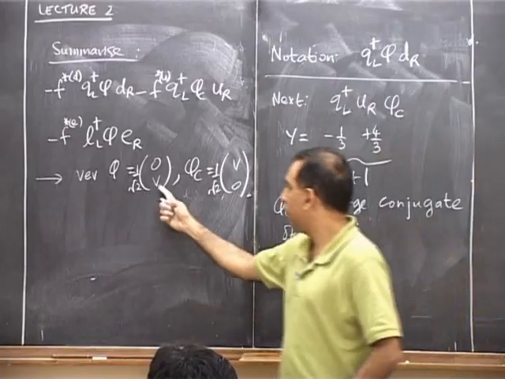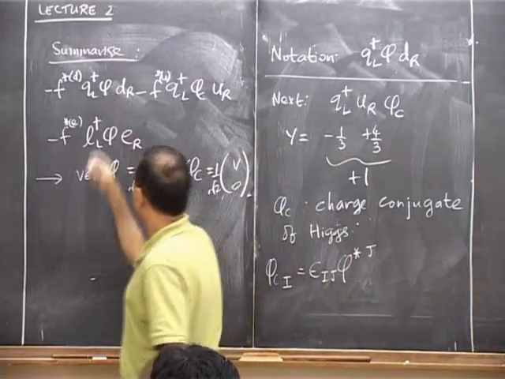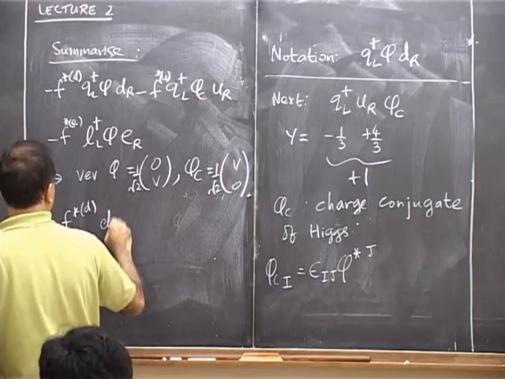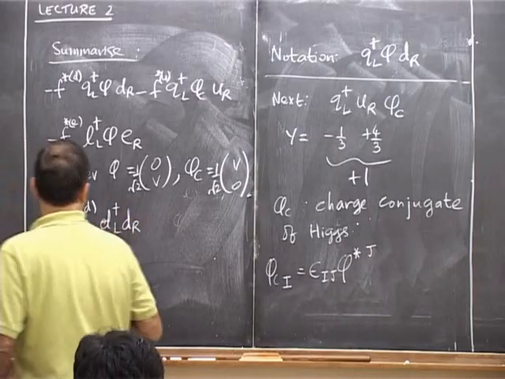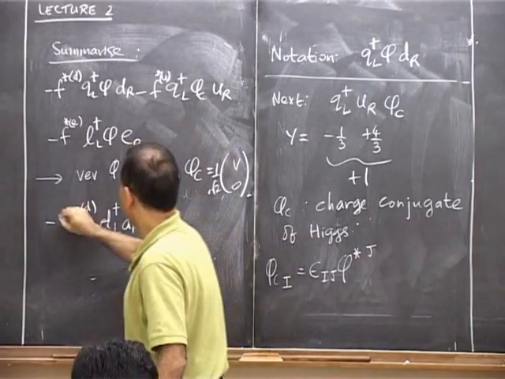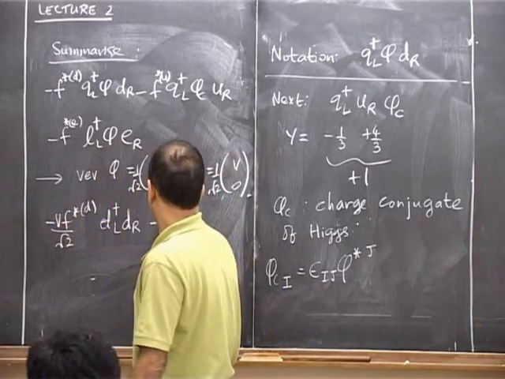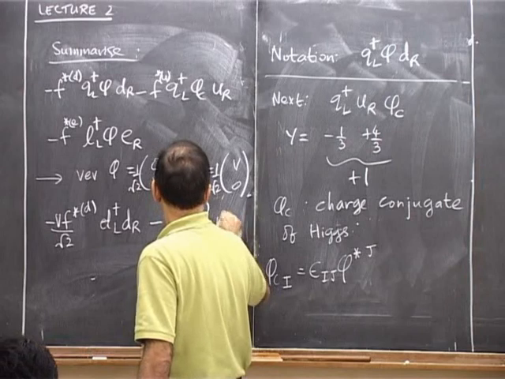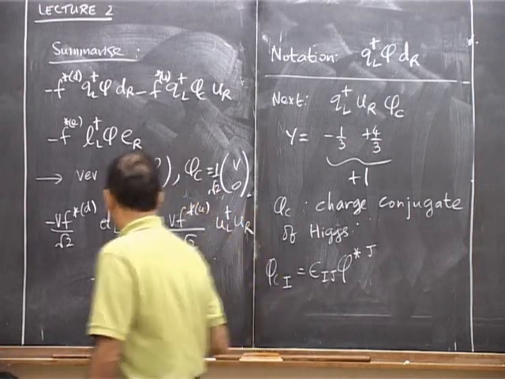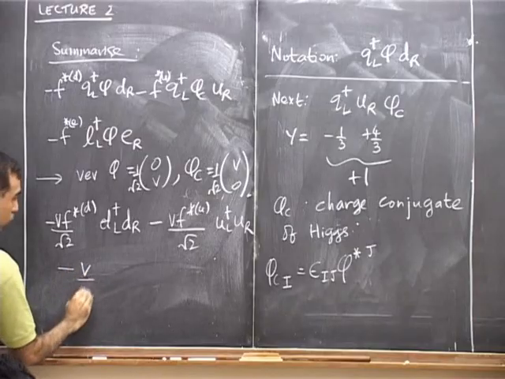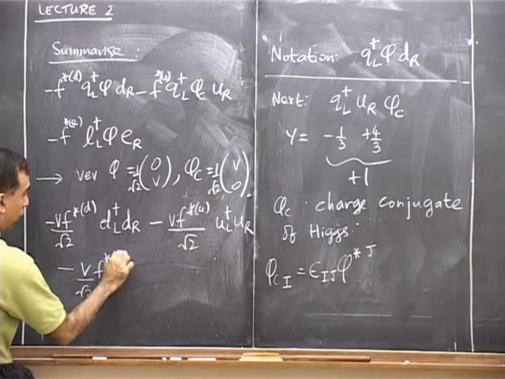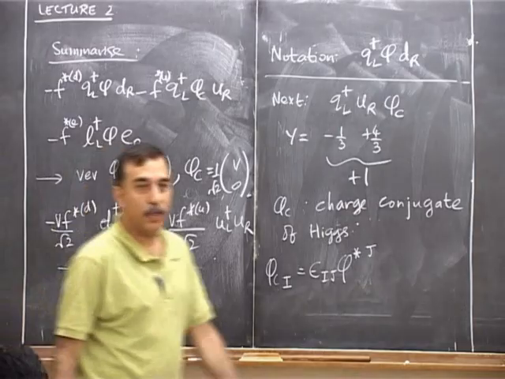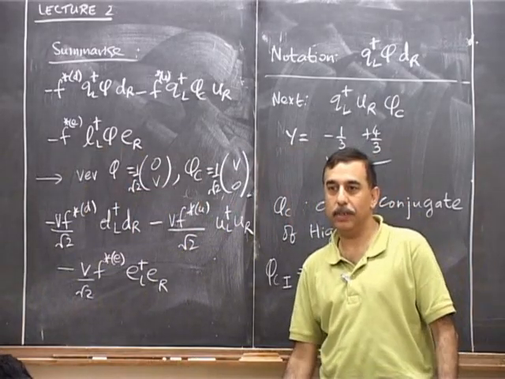So this is great, because this having a v downstairs, we are going to calculate this, and we'll find minus f star d times d L dagger d R, times v divided by root 2, then minus v f star of u divided by root 2 times u L dagger u R, and finally minus v by root 2 f star of e e L dagger e R. And with this, except for the neutrino, we have managed to get a mass for all the fermions in the first generation.